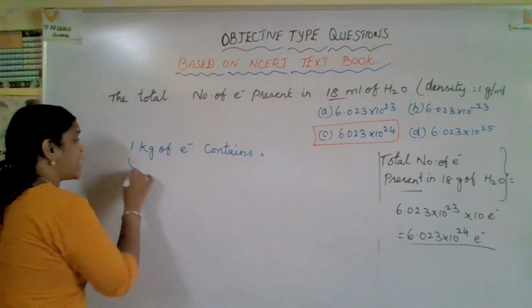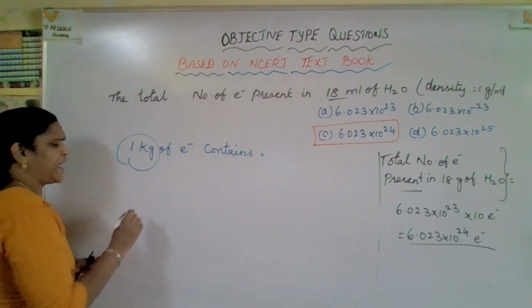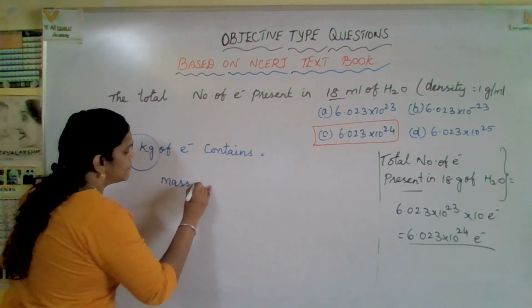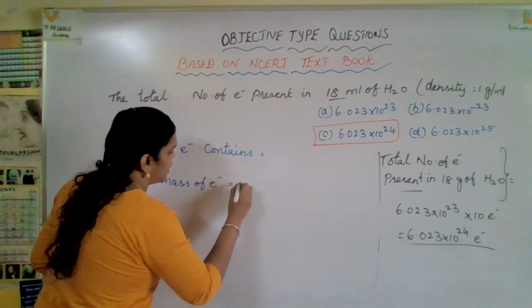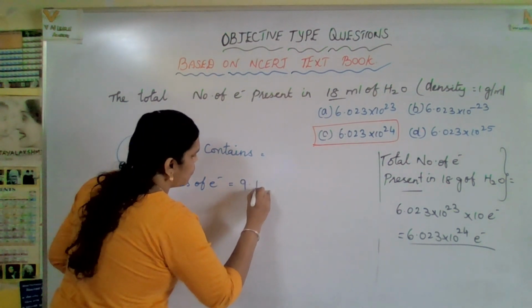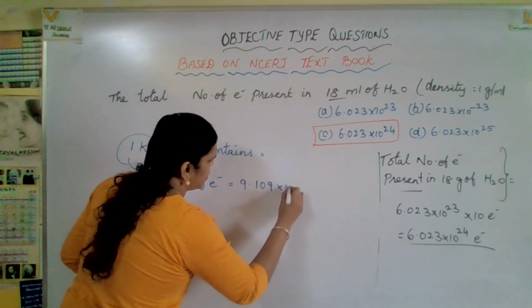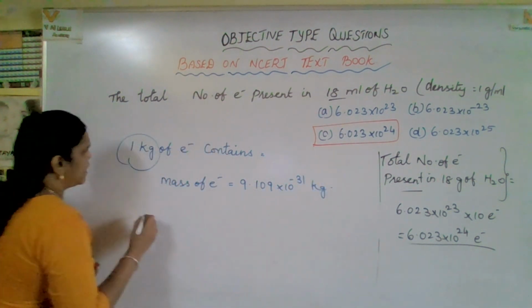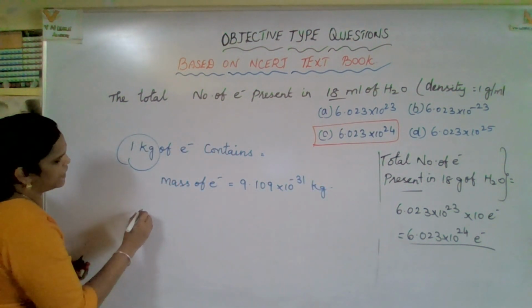Okay, for this, how to find out? Mass of electron is 9.109 into 10 to the power of minus 31 kg. So now, 1 kg of electron contains how much?